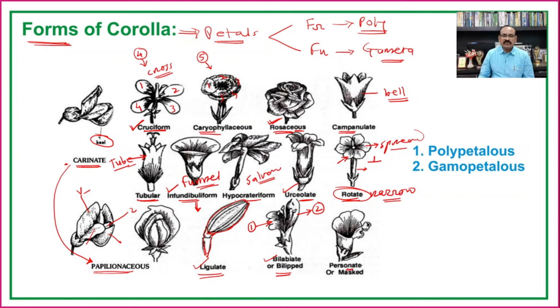And the personate or the mask type of the corolla, in which the corolla tube is dilated, but usually the mouth is closed, as both the lips of the corolla are present close to each other. So such type of the corolla is known as personate type of the corolla.